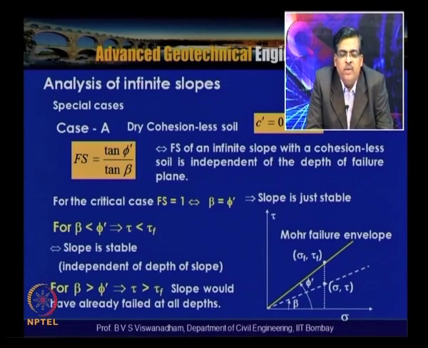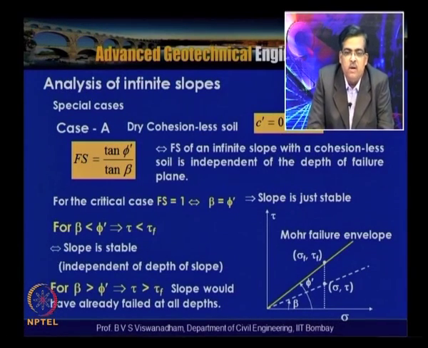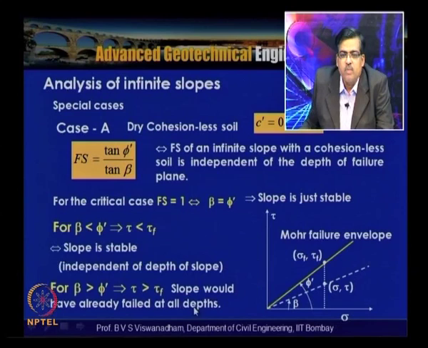That means that when the slope inclination is equal to the angle of internal friction of the soil, it is called the angle of repose, and this expression is independent of the depth of the failure plane. This can be explained on a Mohr circle plot, where normal stress is on the x axis and shear stress on the y axis, with the Mohr failure envelope at friction angle phi dash and the slope inclination shown here.